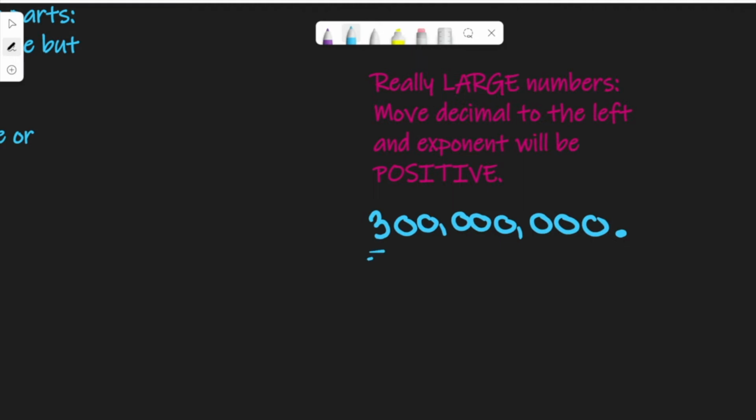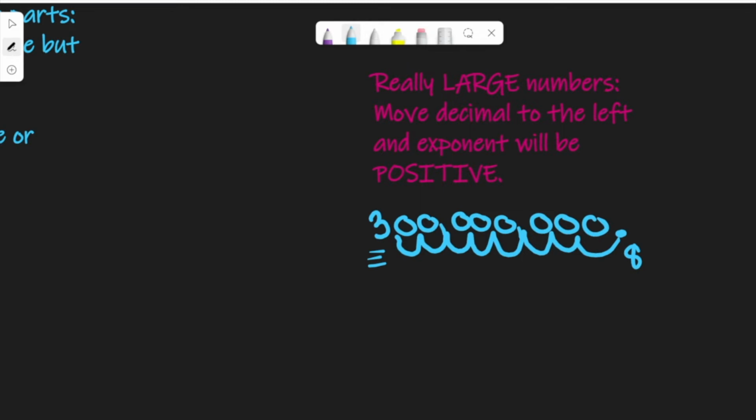For example, here is my first non-zero number, my 3. So I'm going to go ahead and move it over. 1, 2, 3, 4, 5, 6, 7, 8. Because I moved it over 8 positions, this ends up being my exponent.